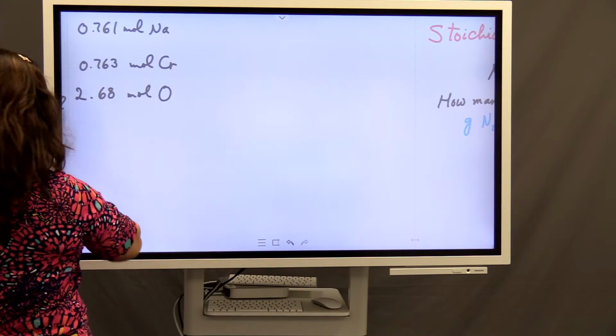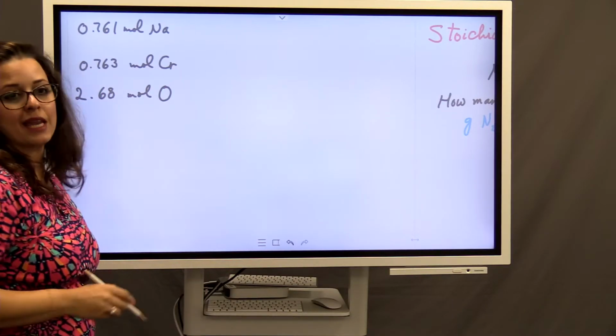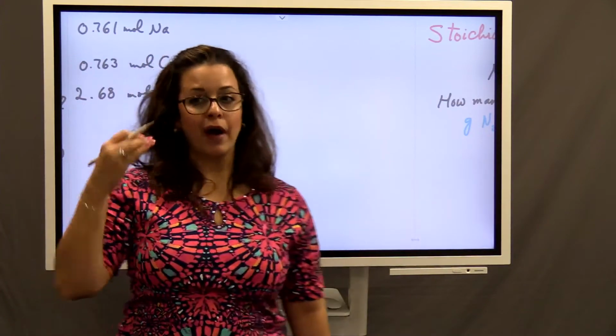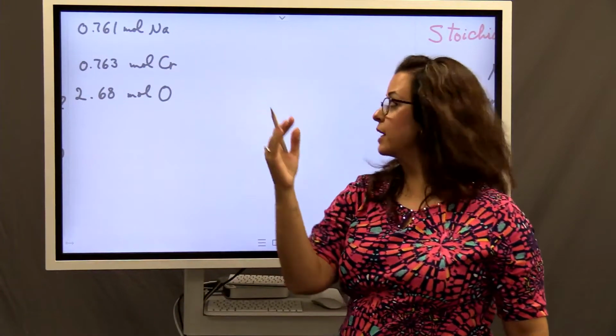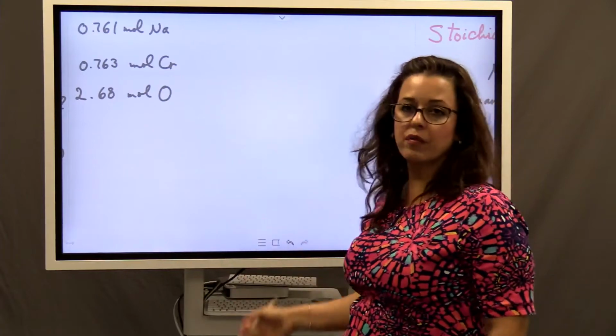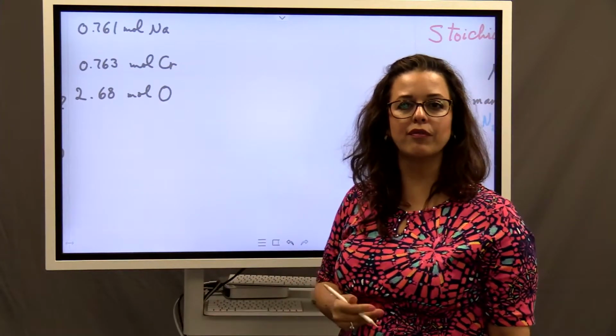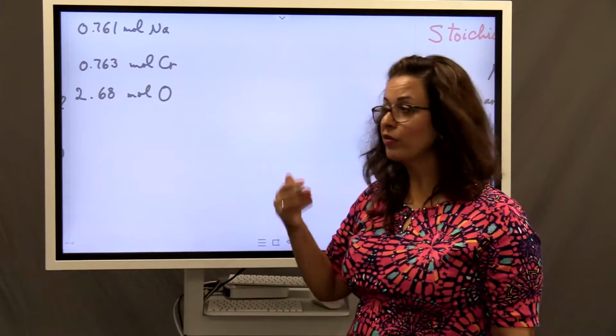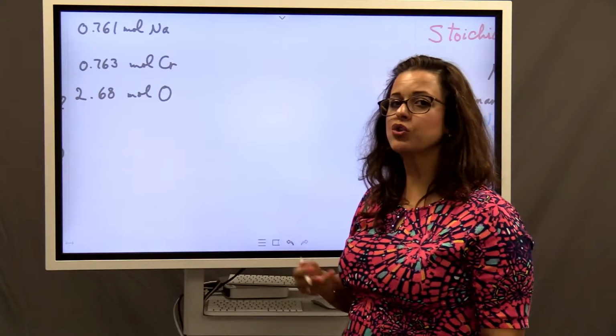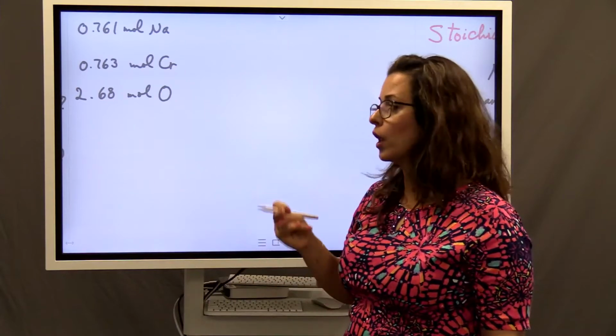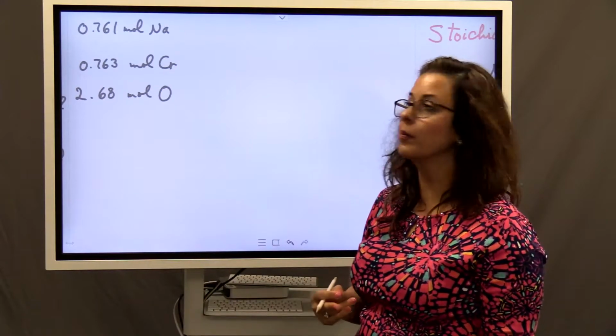Okay? Now, again, these are moles. Now, finally, we got closer all the way from percentage to mass, and now we have moles. But have you ever seen any decimals in any formulas? No. So you have to get rid of the decimals and change it to the simplest whole number ratio. We must have whole numbers, right?